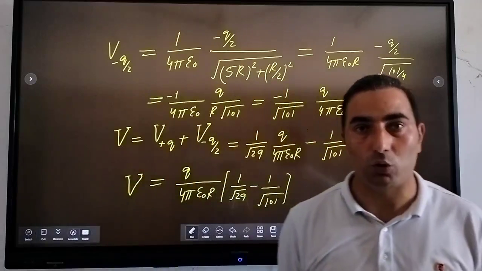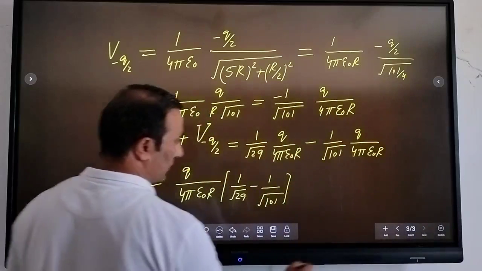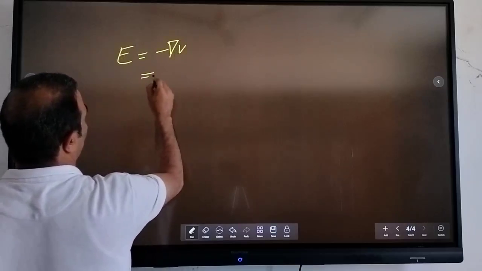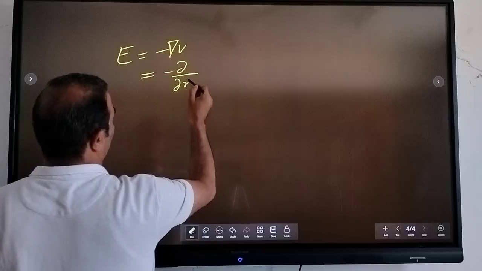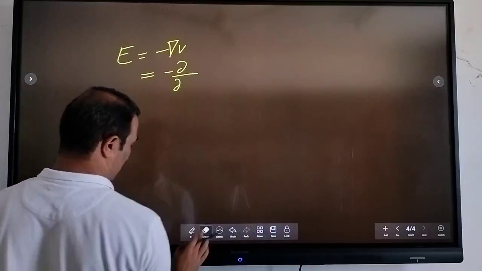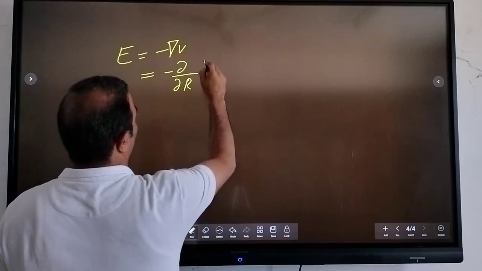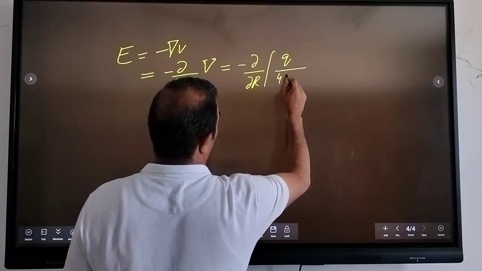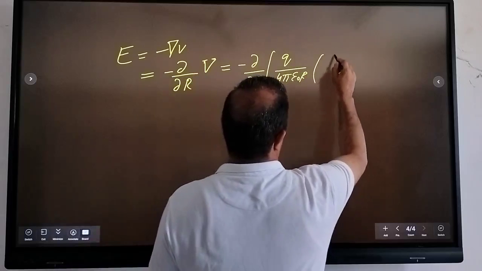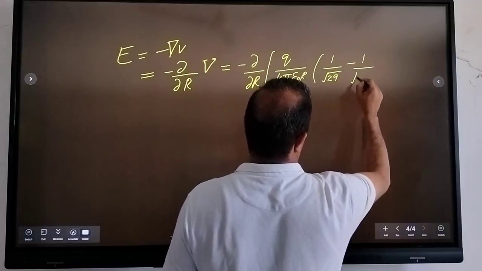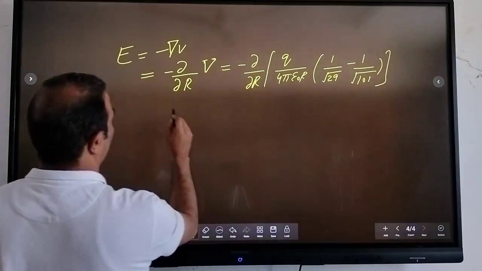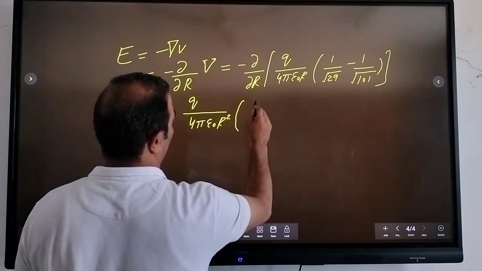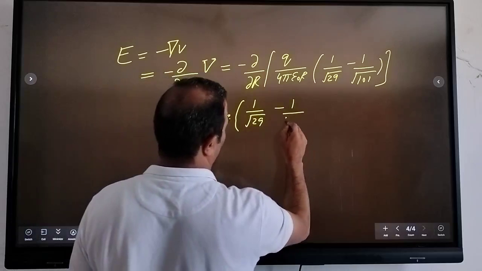So if we now have to find what is the electric field at that point, we can find the electric field because we can write that our electric field will be equal to minus gradient of V, or this will be simply minus partial by partial r, or sorry, you can write it as partial by partial r, and this will be equal to minus, and you can write this as, okay.